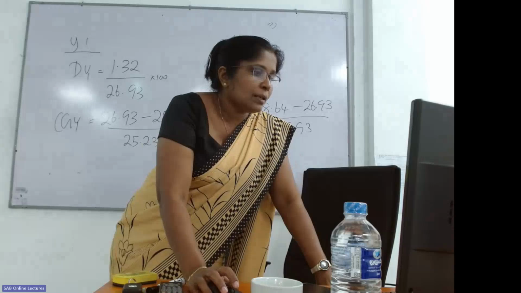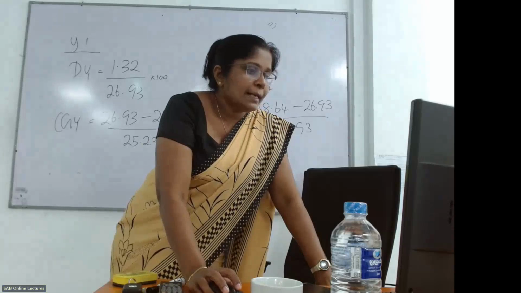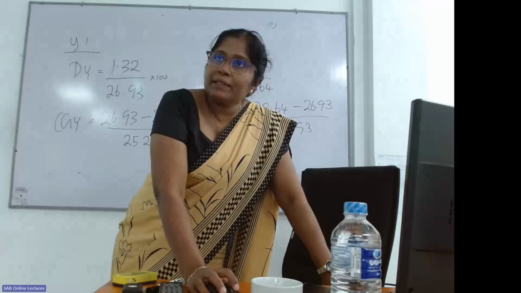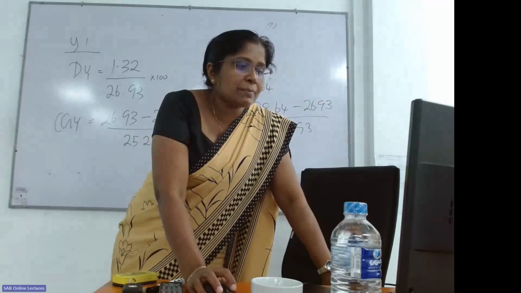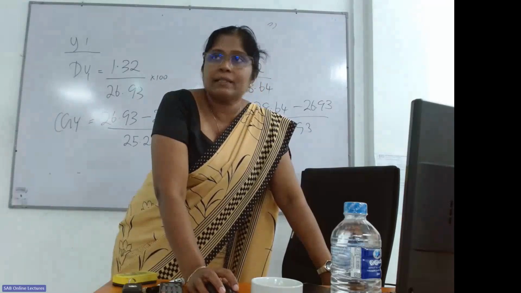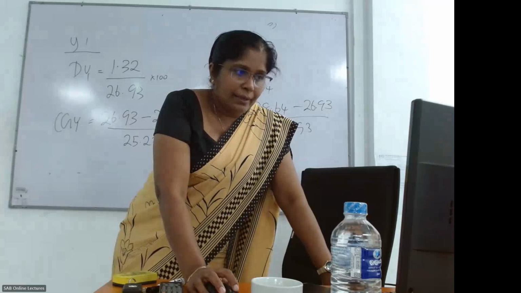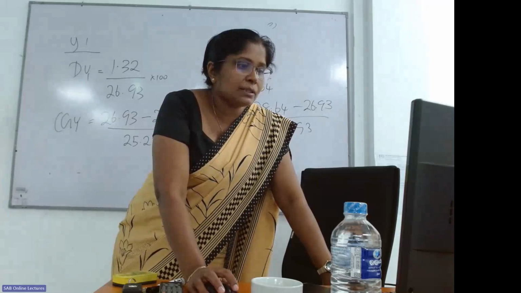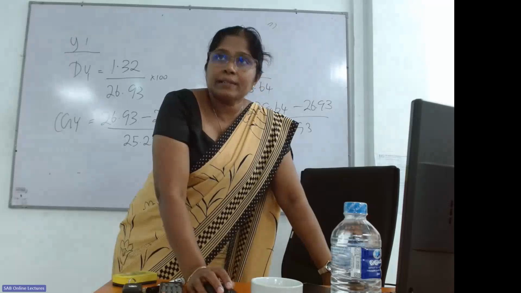I think if you go to the assumption in this constant growth model, expected total return, expected required rate of return, is equal to expected dividend yield and expected growth rate, that is dividend yield and expected growth in the capital gain.